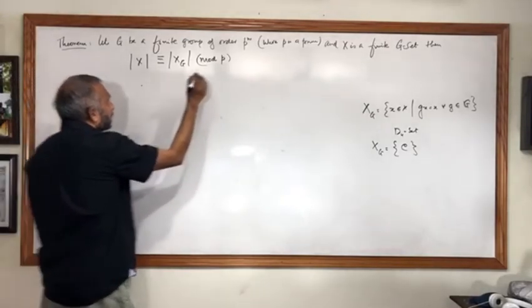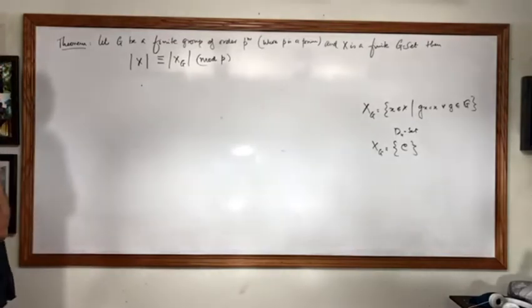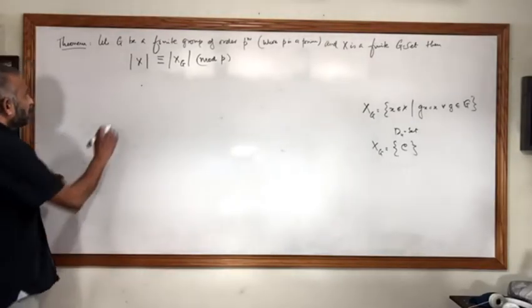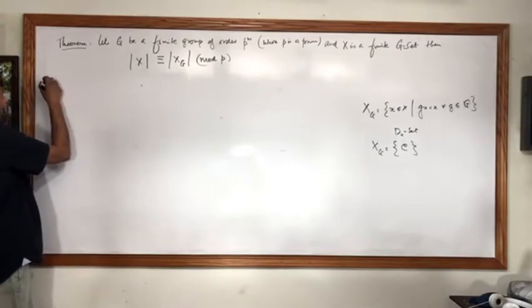So this is the result we are going to show. Okay. So the proof is not that very complicated. Let us start with the number of orbits. Proof.